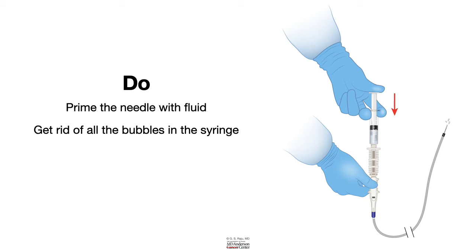Make sure the needle is filled and you see the saline come out from the other end. Get into the habit of holding the syringe always facing down, because if by accident there are small bubbles in the syringe, they float up and don't cause any problem.